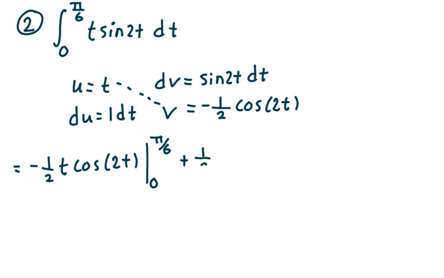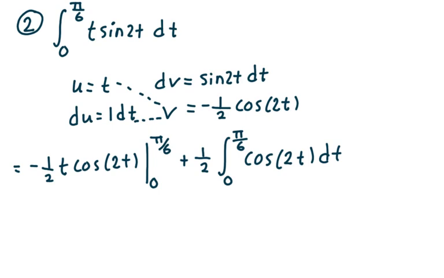And then it's 1/2 the integral from 0 to pi over 6 of essentially v du. Now, the 1/2 is on the outside of the integral, and then I'm going to integrate cosine of 2t dt, like this.